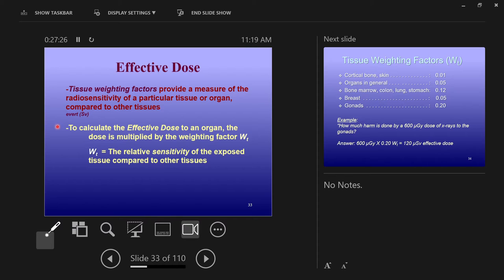If you just have one tissue to talk about, it's less useful. We don't use this one often. Really, we stop at dose equivalent, but this one still needs to be talked about. So again, take the absorbed dose in gray, multiply by some tissue weighting factor, and it's still going to give you sievert as the unit.